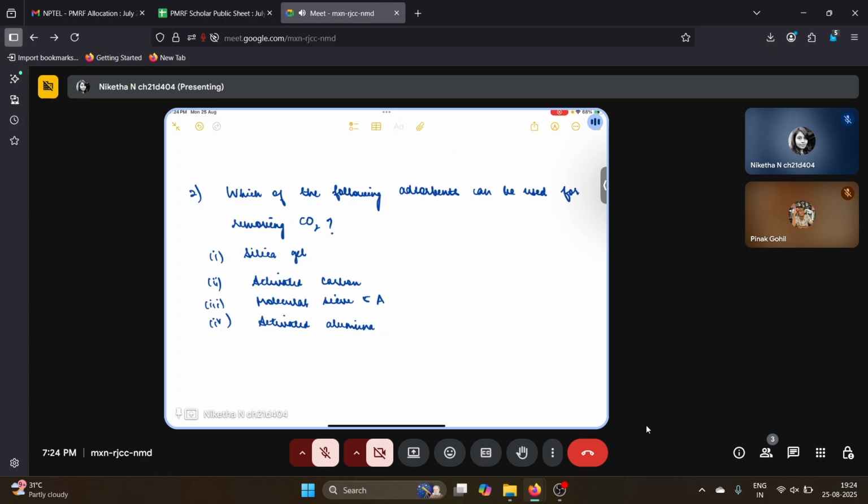So the options are silica gel, activated carbon, and activated alumina. So what will be the correct answer?